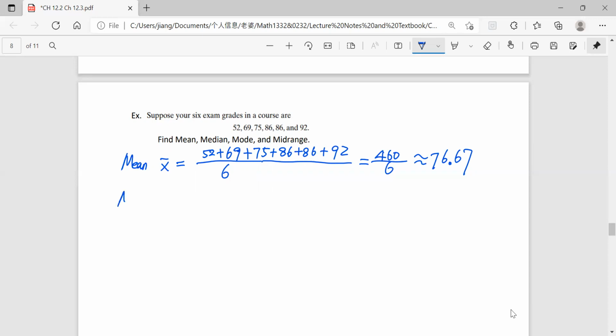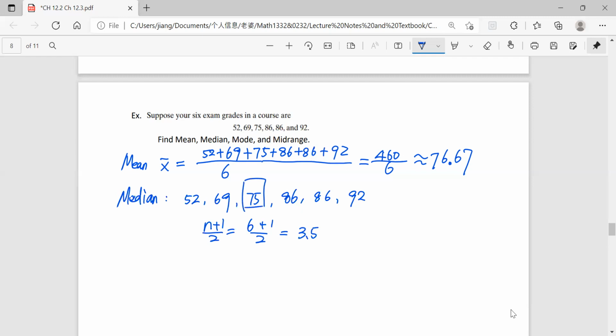What is the median? Median means I need to reorder them from the smallest to the greatest. I think it's already ordered: 52, 69, 75, 80, 86, 86, 92. The position of the median equals n plus 1 over 2. So n is 6, 6 plus 1 over 2, that's 3.5. I need to find the position between 3 and 4.